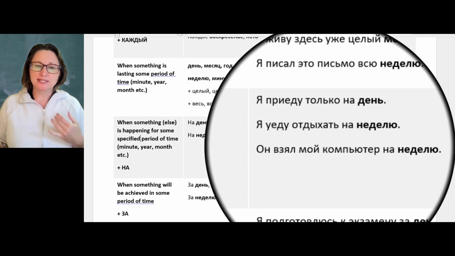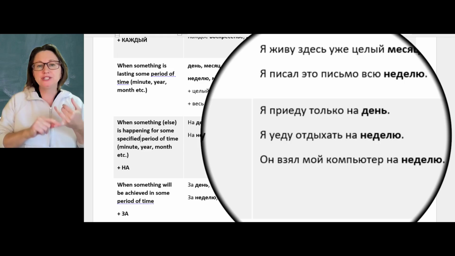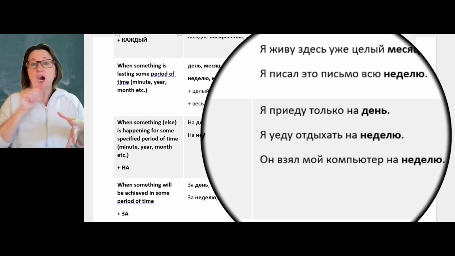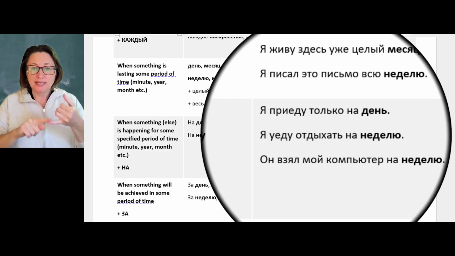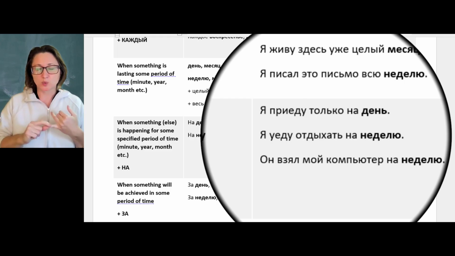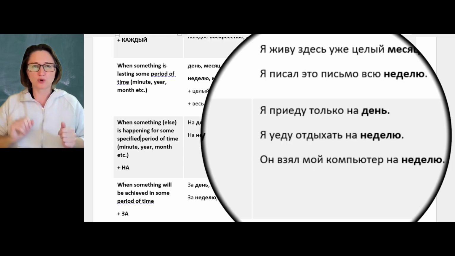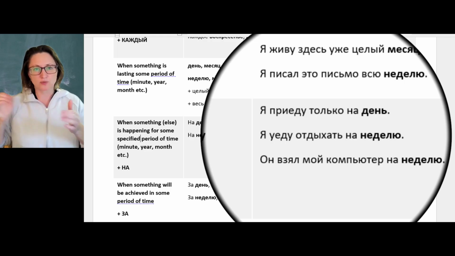Now, the actions here are приезжать, уезжать, взять, to arrive or to come somewhere or to leave somewhere or to take something. These actions are not lasting a day, a week, or another week. I'm just saying I did that, so something else would be happening for a week, for a day, for a year, for whatever.